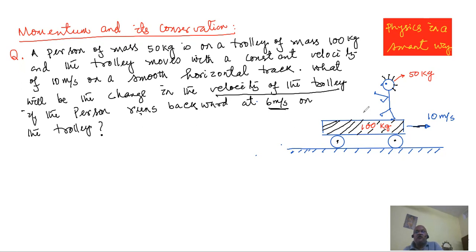On that ground, he is running with a speed of 6 meters per second. Initially he was not running, so what will be the change in the speed of the trolley, as the question asks us?